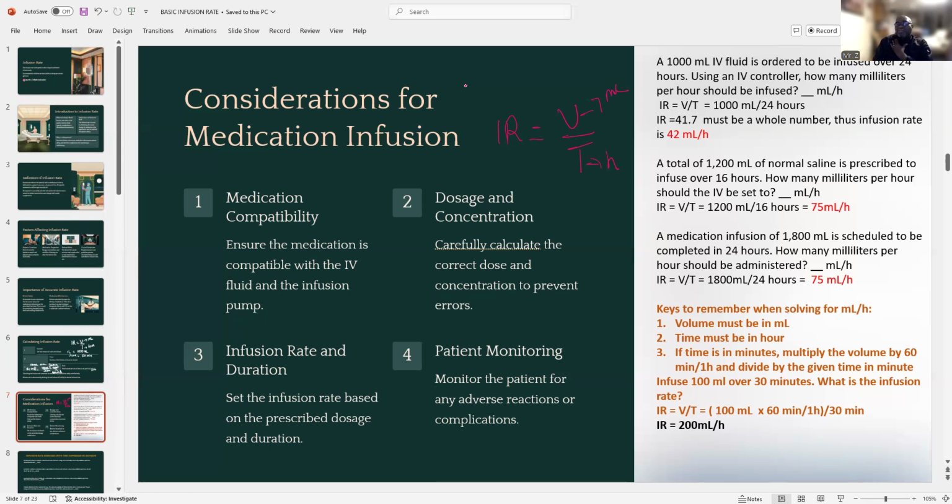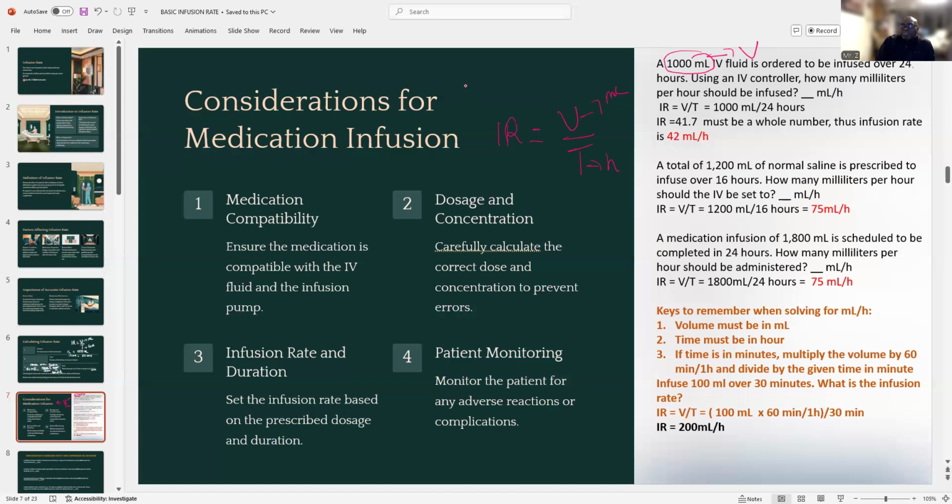So let's look at this. A 1,000 milliliter IV is ordered to be infused over 24 hours. You see this right here, it's your volume. 24 hours, that is your time. So what would you do? You're going to do 1,000 over 24 hours. Remember, you're solving for milliliter per hour.